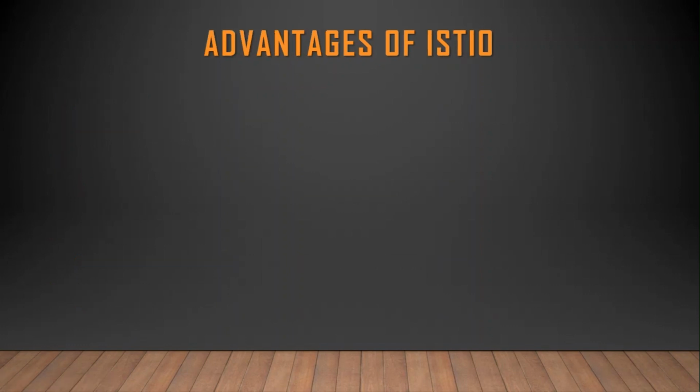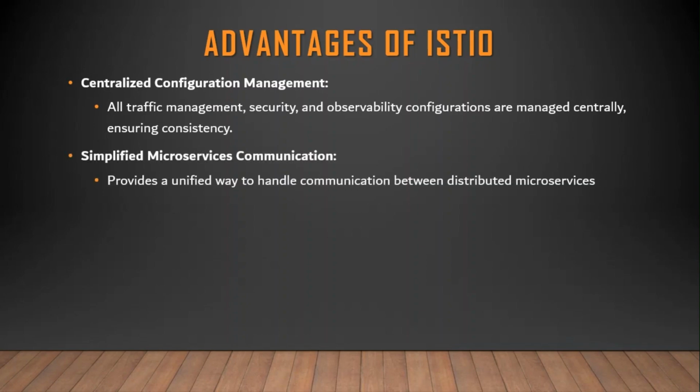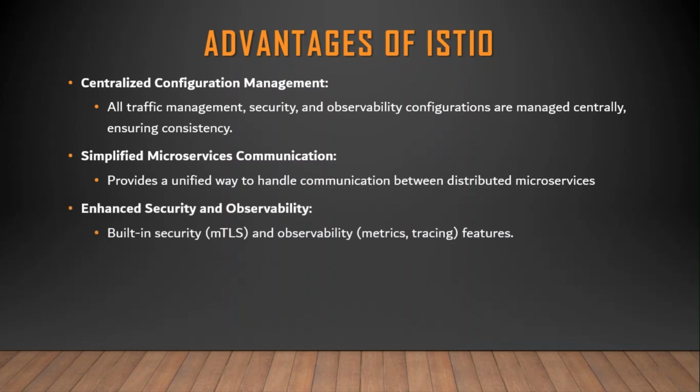Here are the main advantages of using Istio. First one is centralized configuration management. It simplifies the management of traffic, security, and observability through a unified control plane. Simplified communication: developers can rely on Istio to handle the complexity of inter-service communication.